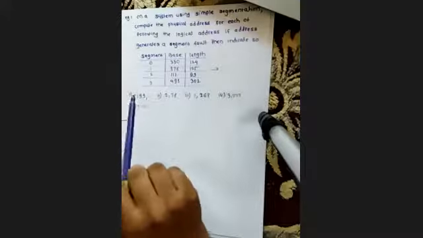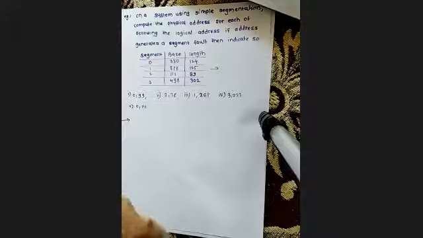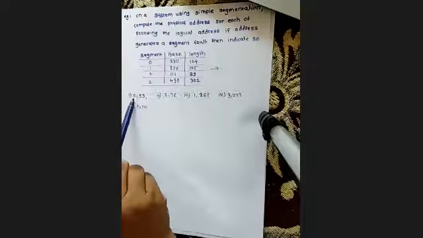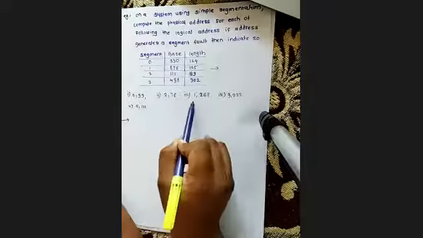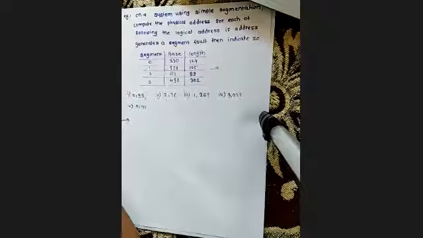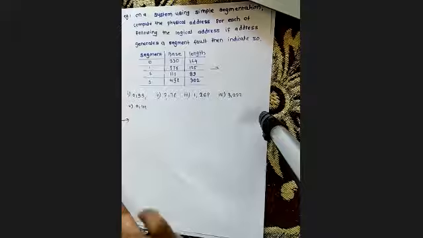This is the segment table, and these are the segments of one process. Now, in this case, the MMU is first of all going to check this segment 0. This first column is always the segment number, which is what is asked. So it is going to check whether the segment is available or not. If it is available, then what we have to check is whether the offset is less than the limit or not.